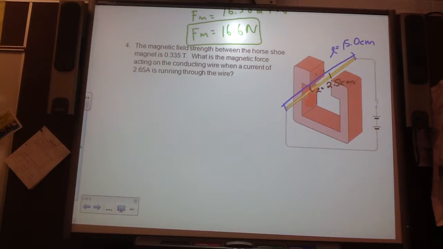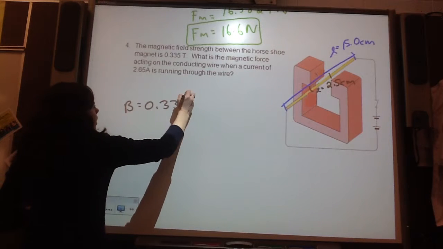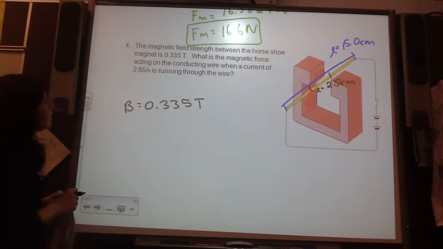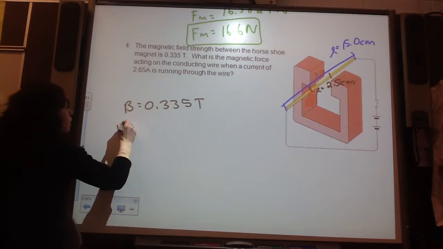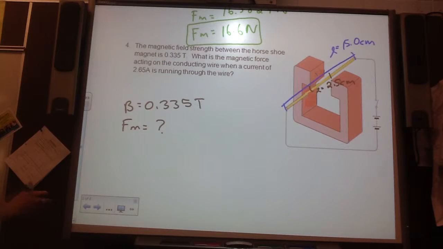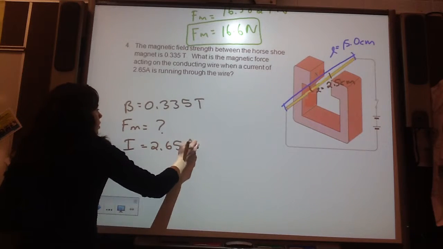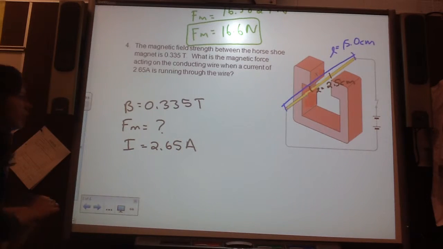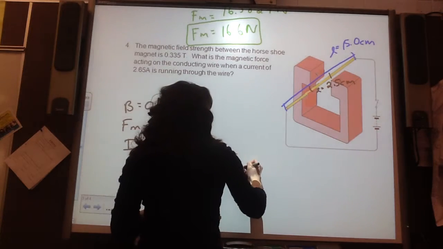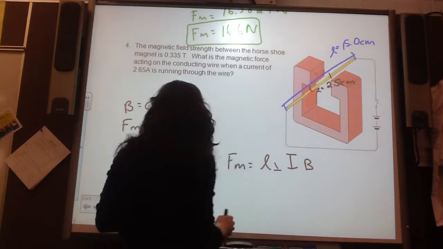Okay, so the magnetic field strength between the horseshoe magnet is 0.335 Tesla. What is the magnetic force acting on the conducting wire when a current of 2.65 amps is running through the wire? So FM is L perpendicular times I times B.